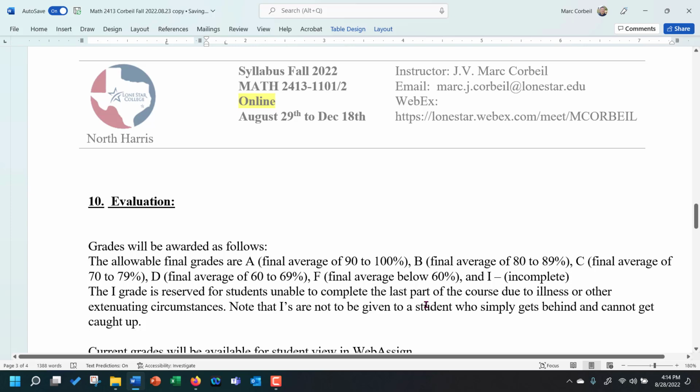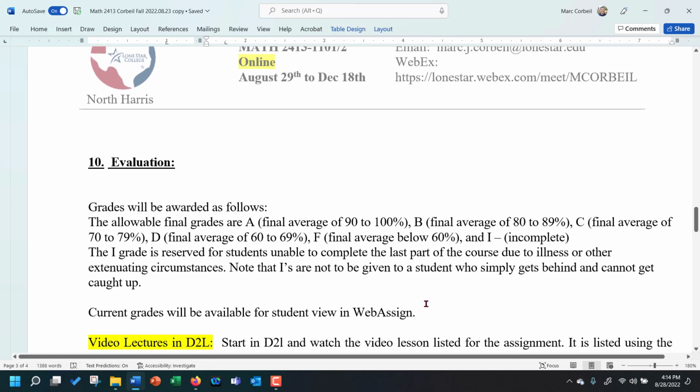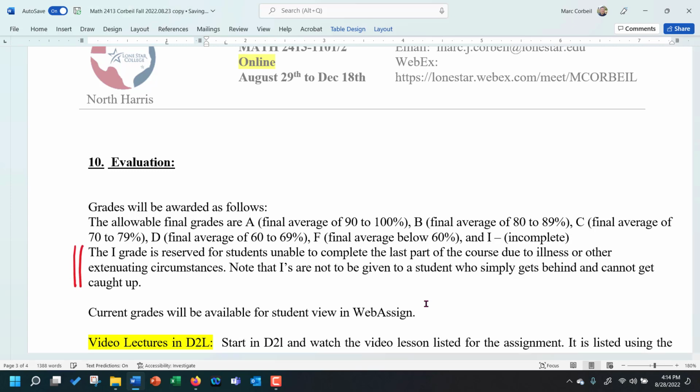So the first thing is our grades are as normal, so A is 90 to 100, B 80 to 89, that sort of thing. I have to remind you that incomplete grades, this is really specific. It has to follow this rule that the I grade is reserved for students unable to complete the last part of the course, and there's only two reasons for that, either due to illness or other extenuating circumstances.